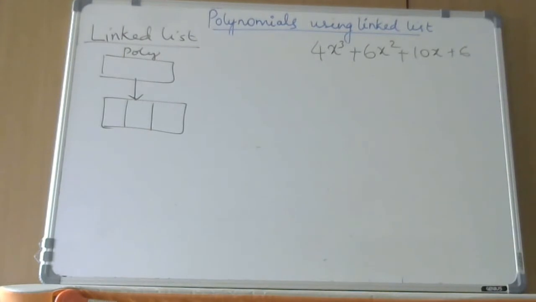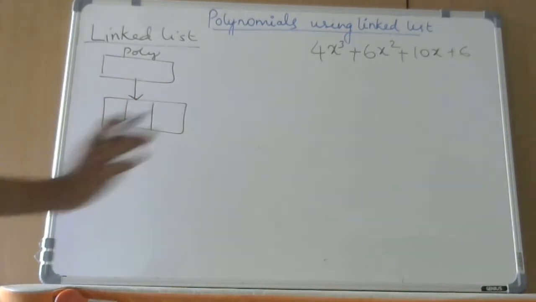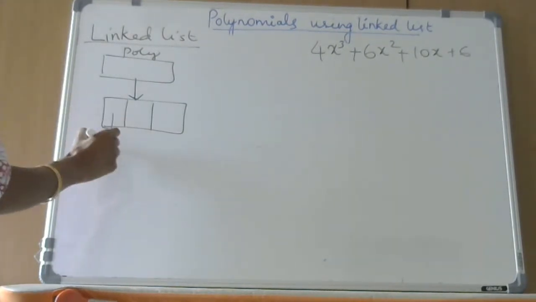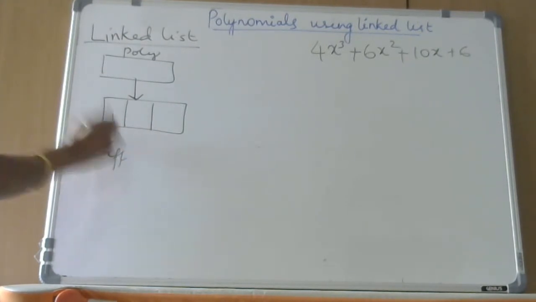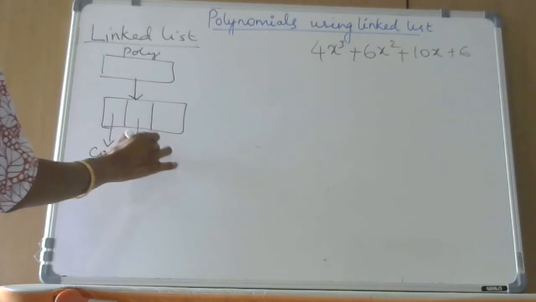Poly is similar to a head or start, which is going to hold the address of the first node. Now, I am going to take three fields in every node of the linked list. The first field is going to hold the coefficient. The second field is going to hold the exponent.